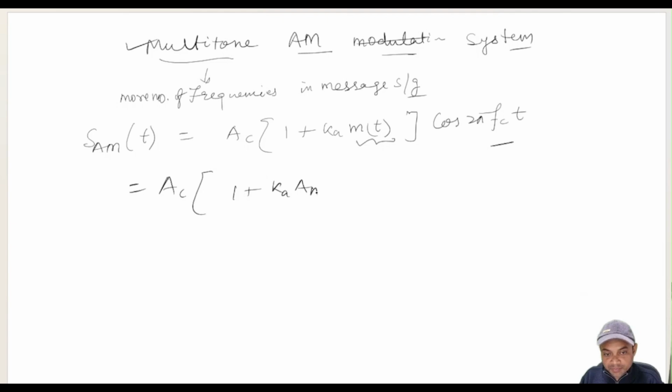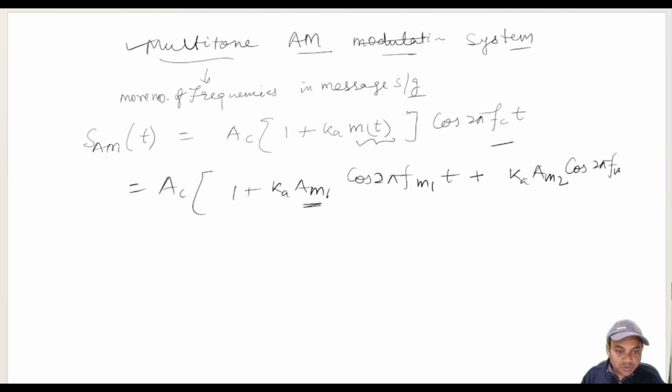ka Am1 cos 2 pi fm1 t, plus ka Am2 cos 2 pi fm2 t, and so on.